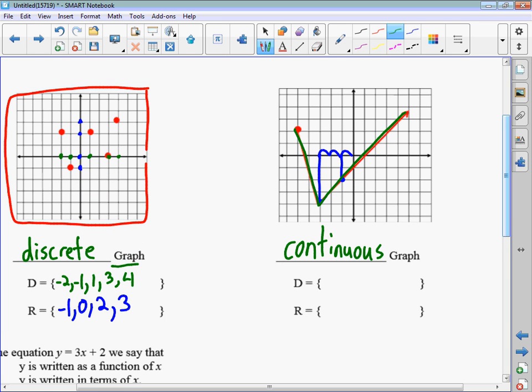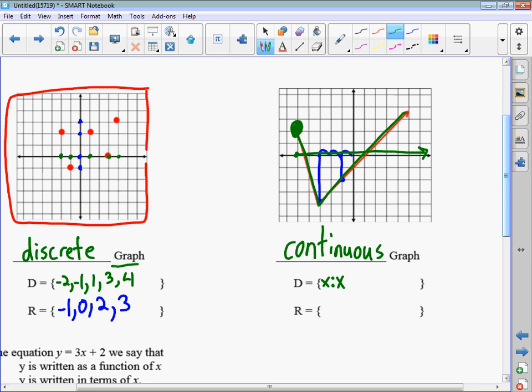Now looking at the domain, we notice that the graph stops right here at negative 1, 2, 3, 4, 5. Negative 5. So the domain is x such that x, now it stops at negative 5, and then it keeps going this way, getting bigger and bigger.